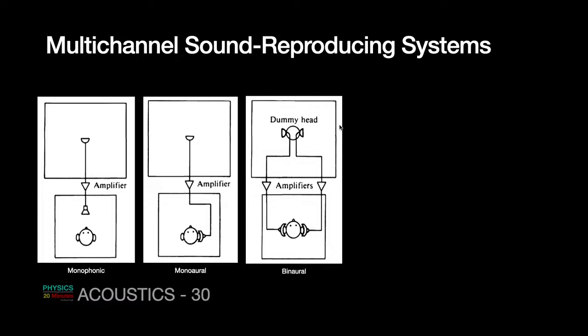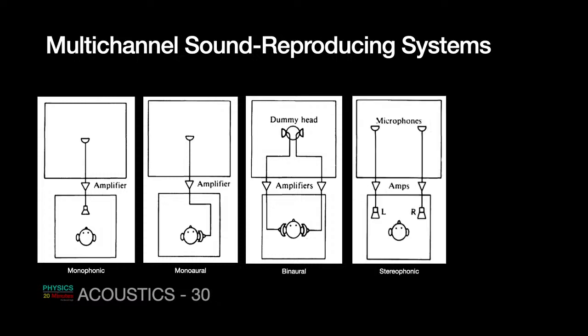So this will record the sound from this side, this will record the sound from this side, but essentially they are very close to each other and act like a single recording device that is amplified and fed to the two speakers, left and right. This is a monophonic recording once again, but this is binaural presentation. So you are presented to both the ears separately.